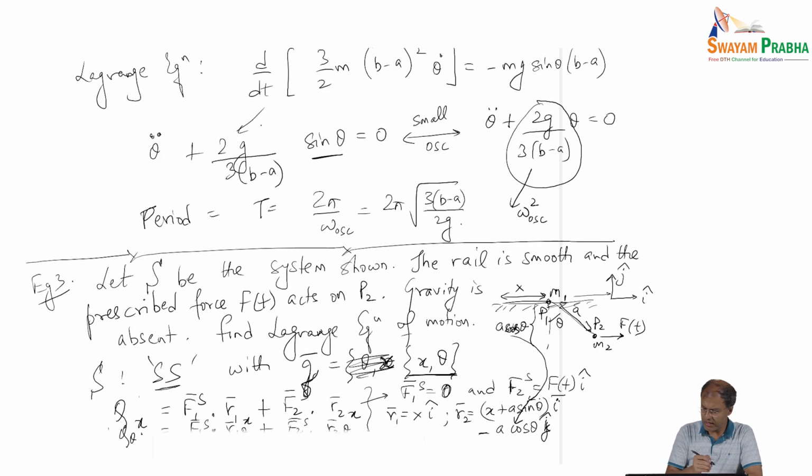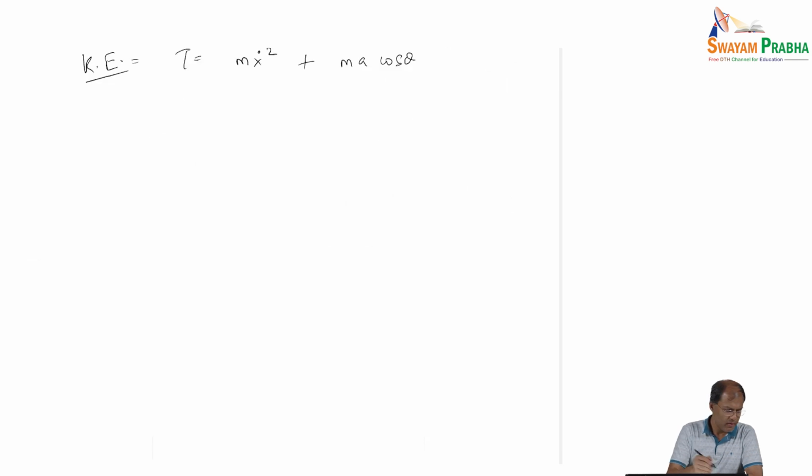Why a cos theta? Because a cos theta is the vertical distance, right? So m a cos theta x dot theta dot, plus half m theta dot square.